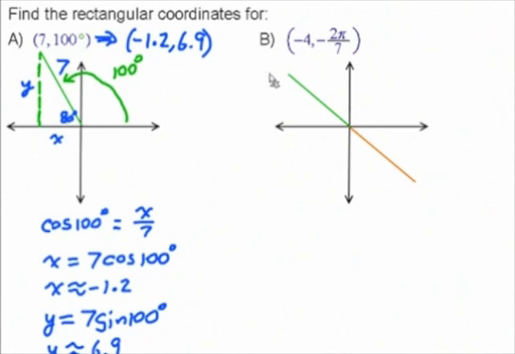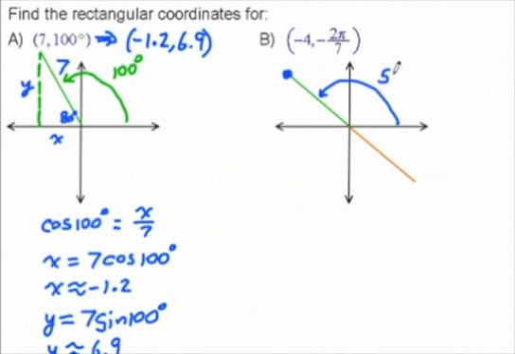And there's two ways of going about this. We know our point is located someplace in the second quadrant. We can either just go straight formula, x equals r cosine theta, y equals r sine theta, and we're going to get our answer. Or we can play around with it and change everything into positive values.